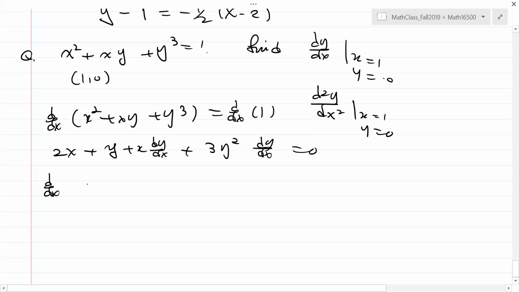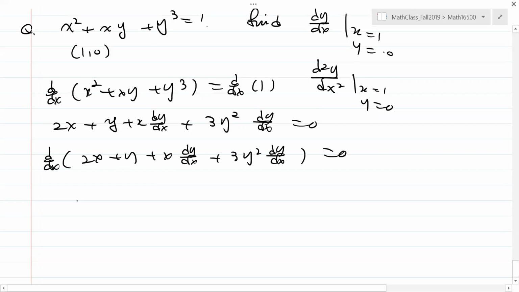And you can continue to differentiate. The first term is 2, because that's the derivative of 2x with respect to x. The second one is dy/dx. Then you apply the product rule to this one, and the derivative of x with respect to x is 1.